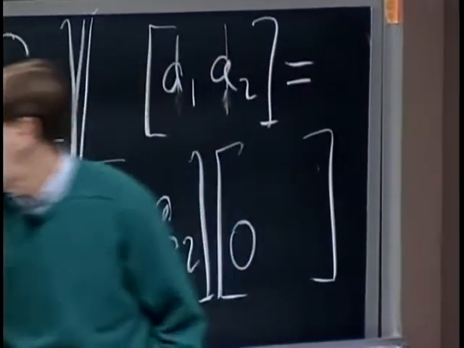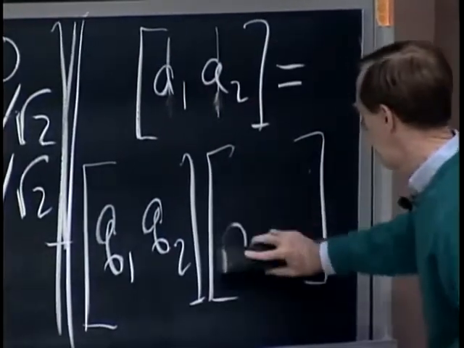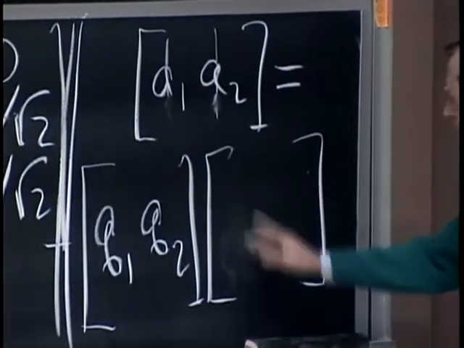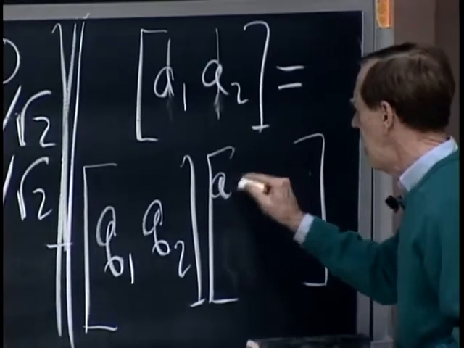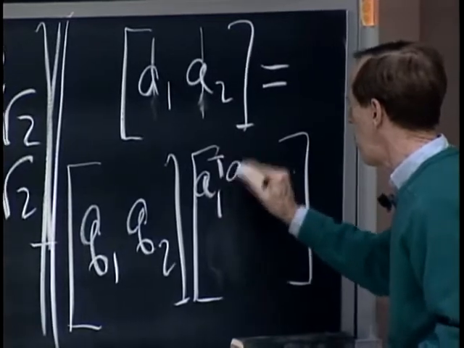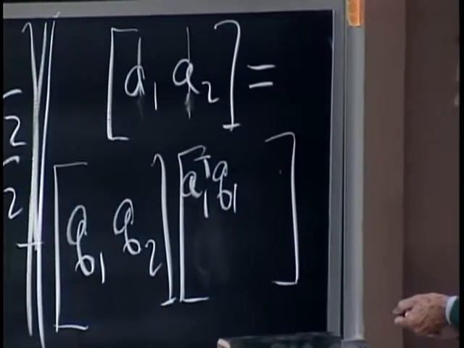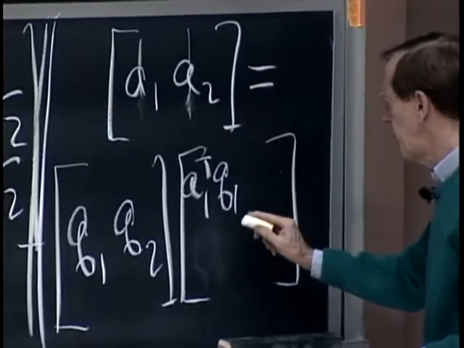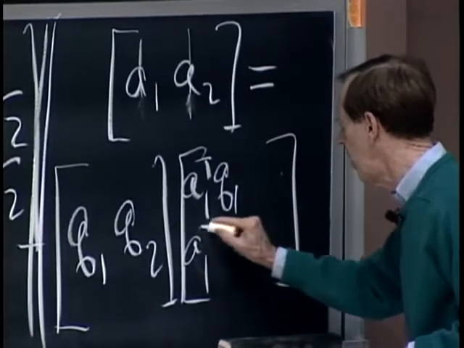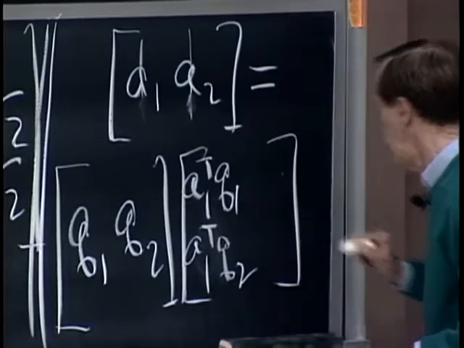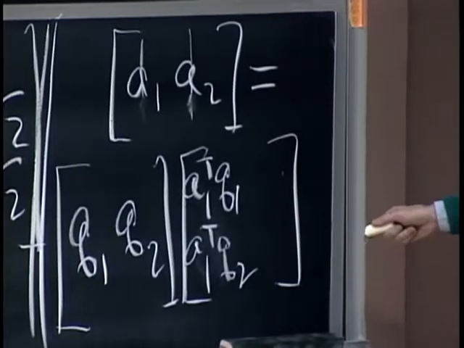We could see why. I can put in general formulas for what these are. This, I think, in here should be the inner product of A1 with Q1. And this one should be the inner product of A1 with Q2. And that's what I believe is 0.